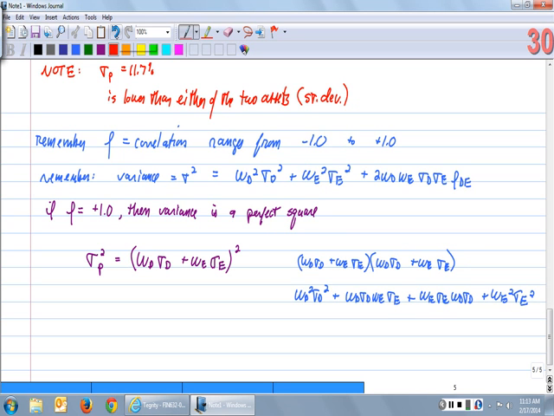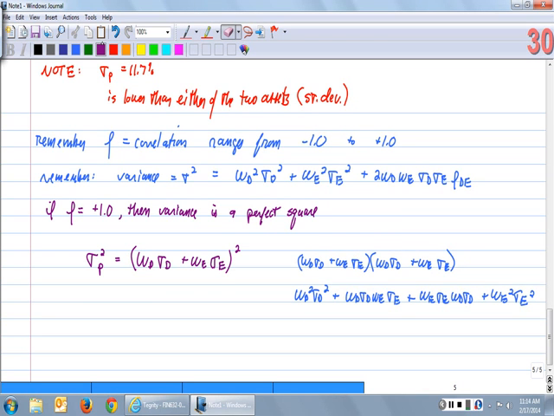You're multiplying this times this, this times that, and so on.